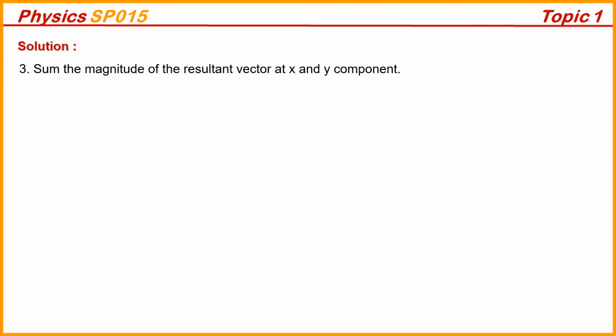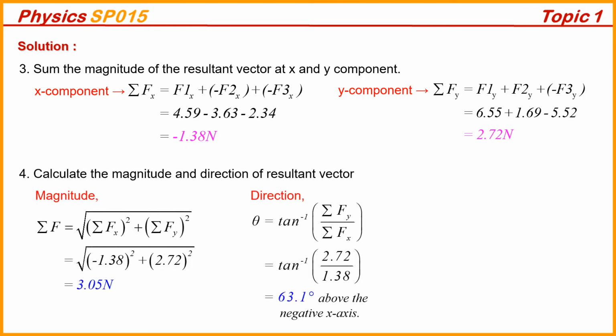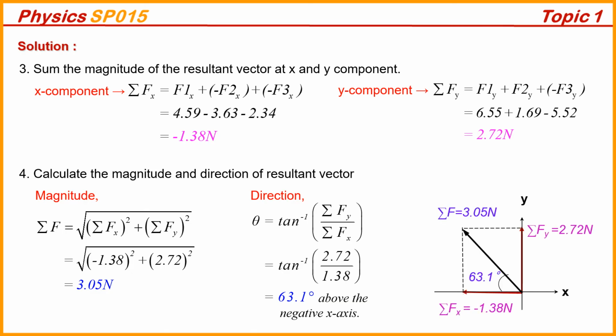The next step is to calculate the sum of the magnitudes of the resultant vector at the x component and at the y component. After that, to calculate the magnitude and direction of the resultant vector, you can use the equations as shown.